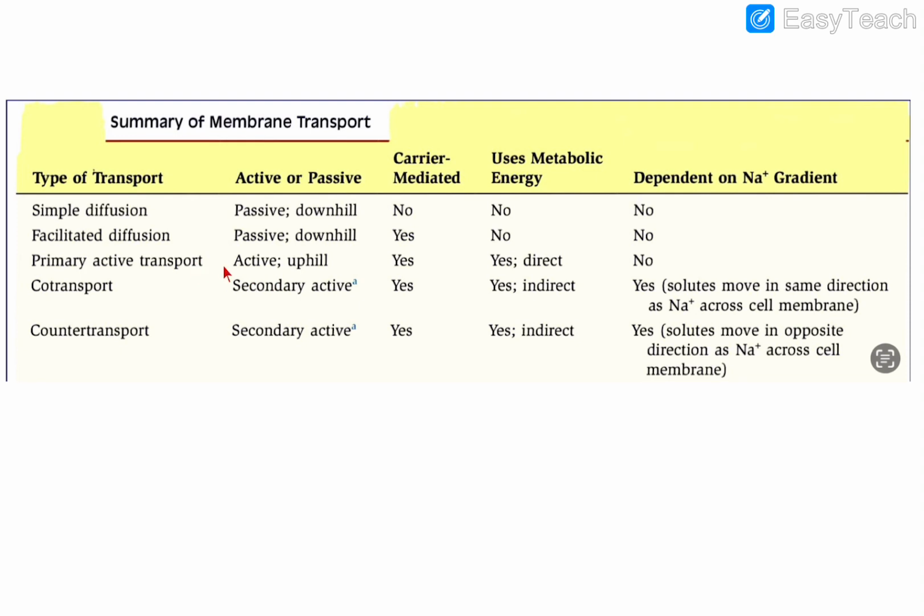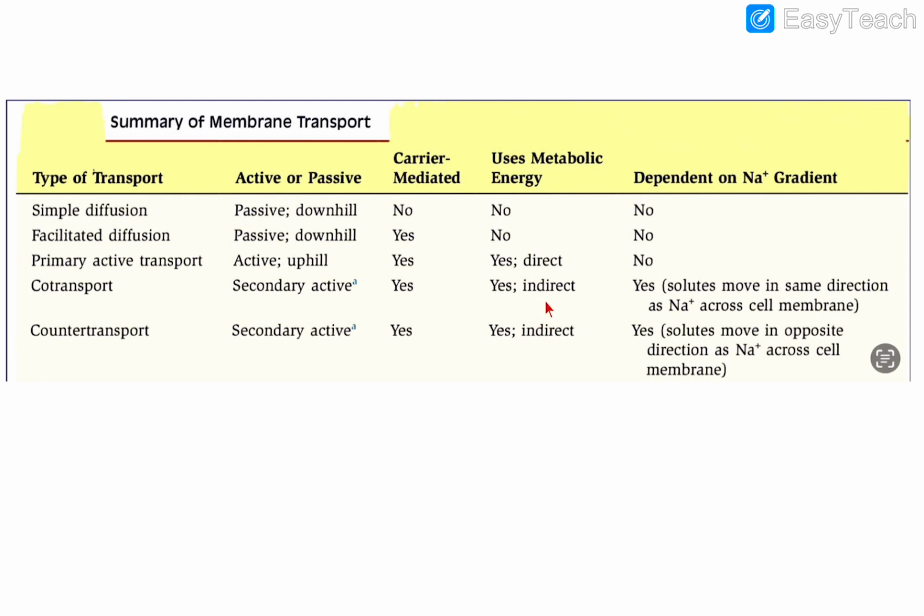Now, the active transport can again be divided into primary active transport and secondary active transport. The primary active transport mechanisms use ATP directly as the source of energy. Secondary active transports are those where energy is definitely required, but that source of energy is indirect.